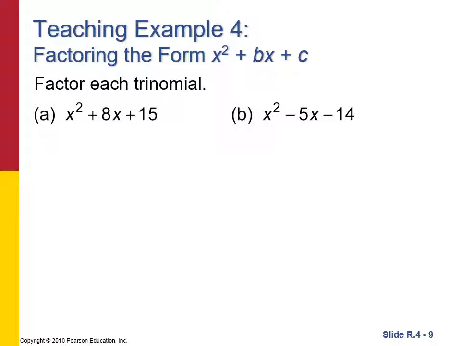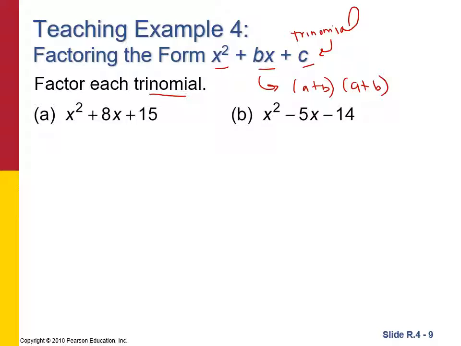Okay, so let's talk about factoring this form, which is called a trinomial. We are going to factor so that it looks like this: a plus b times a plus b, or some form of that.